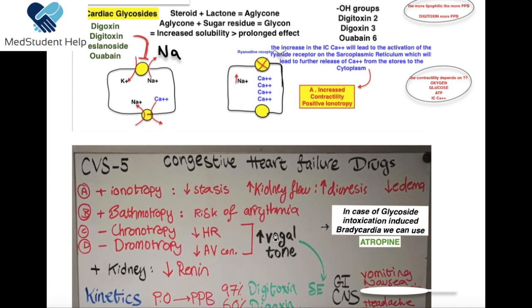Now, if you remember from the calcium channel blocker video, I mentioned there also that the calcium is really important for the nerves to release their neurotransmitters. Now, if we increase the calcium in the vagus nerve, this means that the acetylcholine release from the vagus nerve is going to increase. And this is translated as increasing the vagal tone.